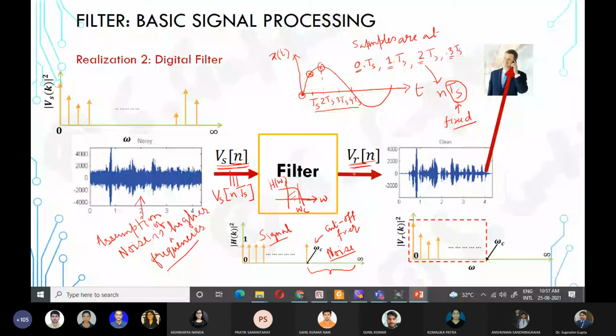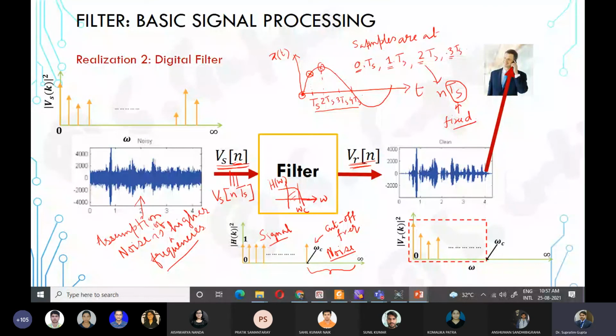So what we understand from this discussion is that filtering is a basic signal processing operation, and it is widely used. It is not new to us, because we have already developed circuits with RLC components or op-amp based circuits, which can do the same job.